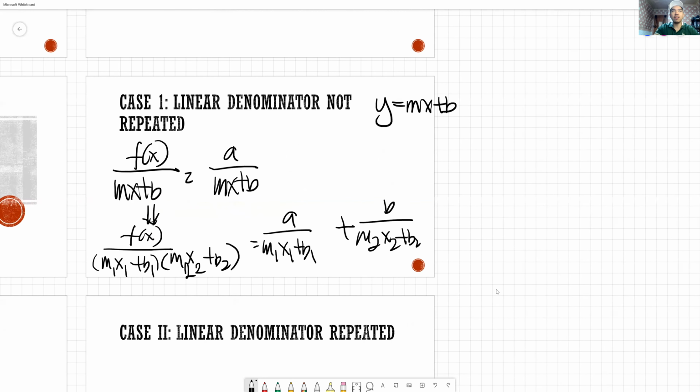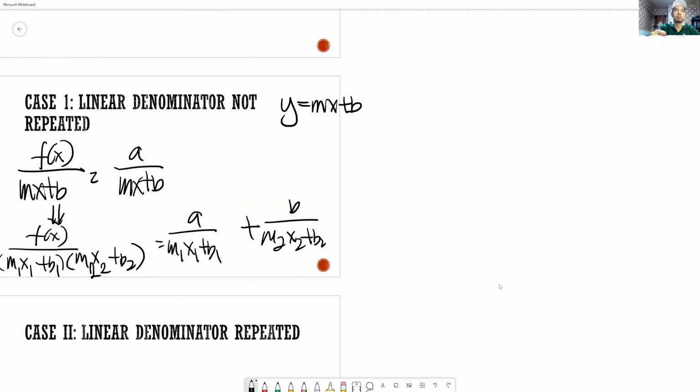And if there would be several factors, suppose we have n numbers, so N over mn xn plus bn. So something like that. So as long as the factors are not repeated, that means those should be distinct. Dapat magkakaiba sila, else that would be another case.